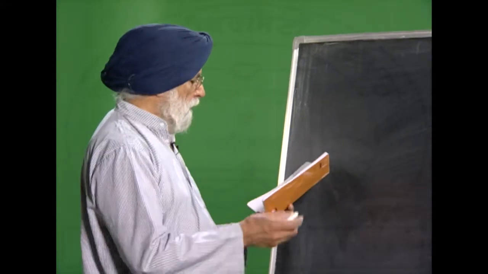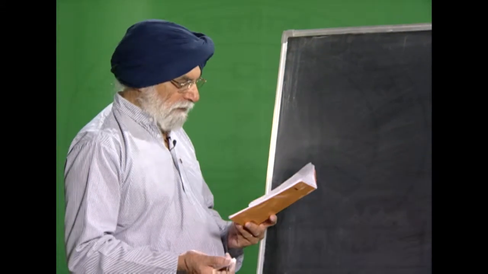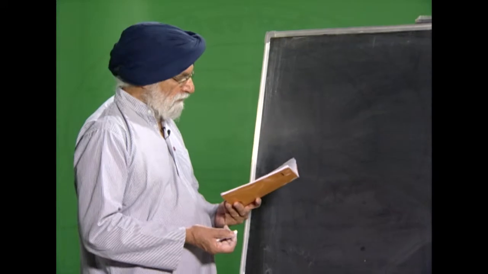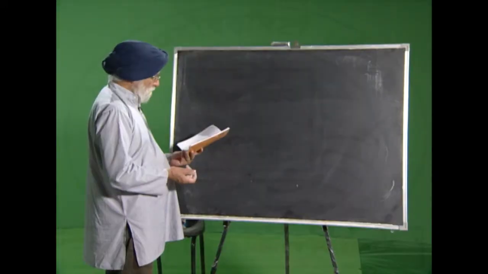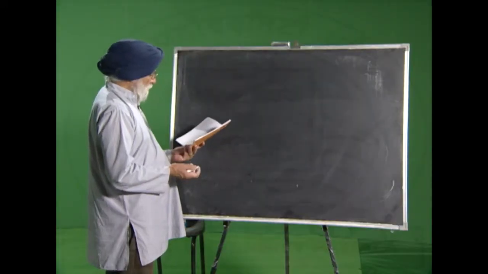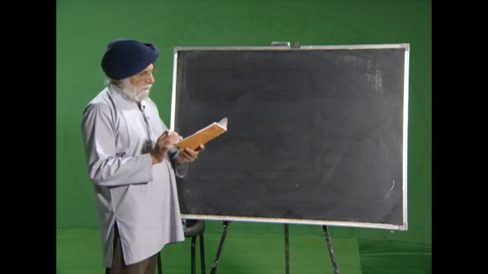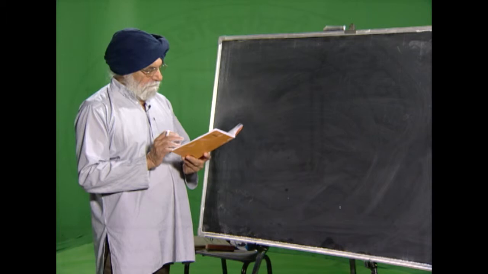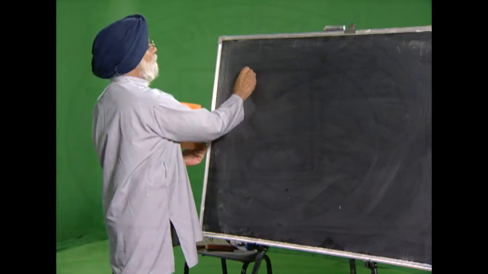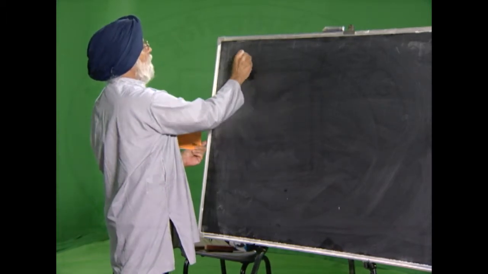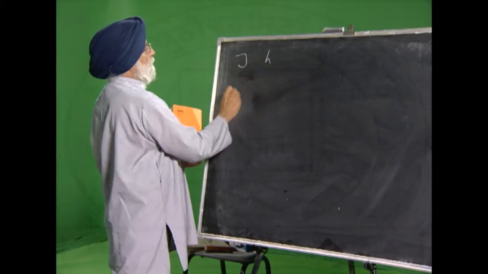Now, to complete this last presentation, there is one more little symbol for tones, and that is what is called ha.